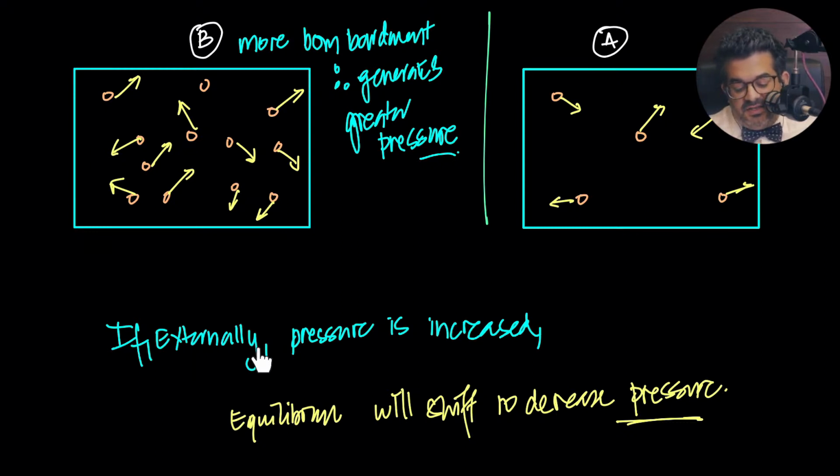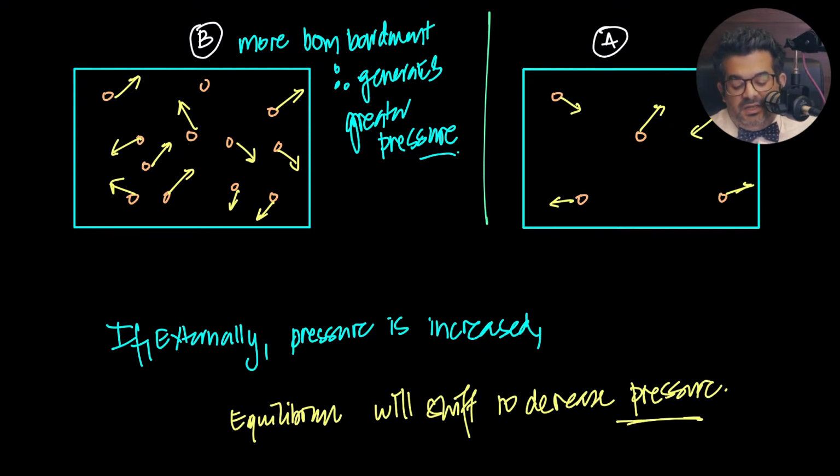I'm saying if externally pressure is increased, the equilibrium will do the opposite. We want to decrease pressure. Now, what scenario will the equilibrium try to be? I'm not saying externally. Equilibrium will try to decrease pressure. It's going to decrease pressure by wanting to become this. If equilibrium wants to become this, it means the equilibrium wants to increase pressure.